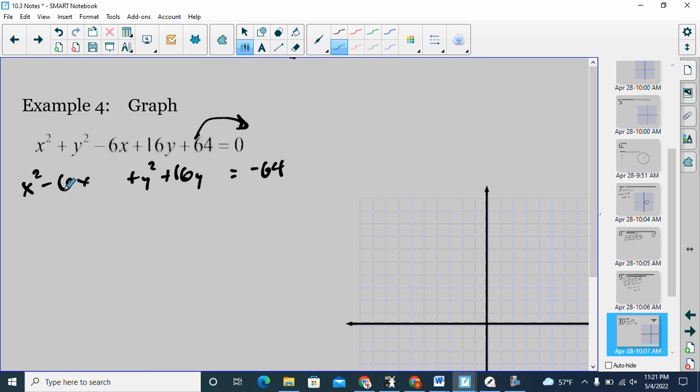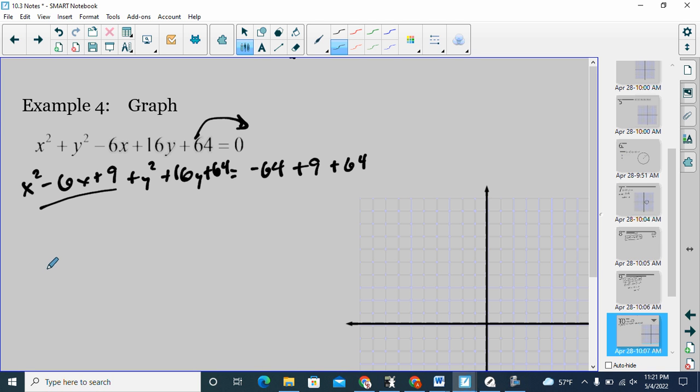We complete the square by dividing the b term by 2. Gives me minus 3. Squared is 9. I added 9 to the left side. I want to add 9 to the right side as well. 16 divided by 2 is 8. Squared is 64. If I added it to the left, I need to add it to the right.